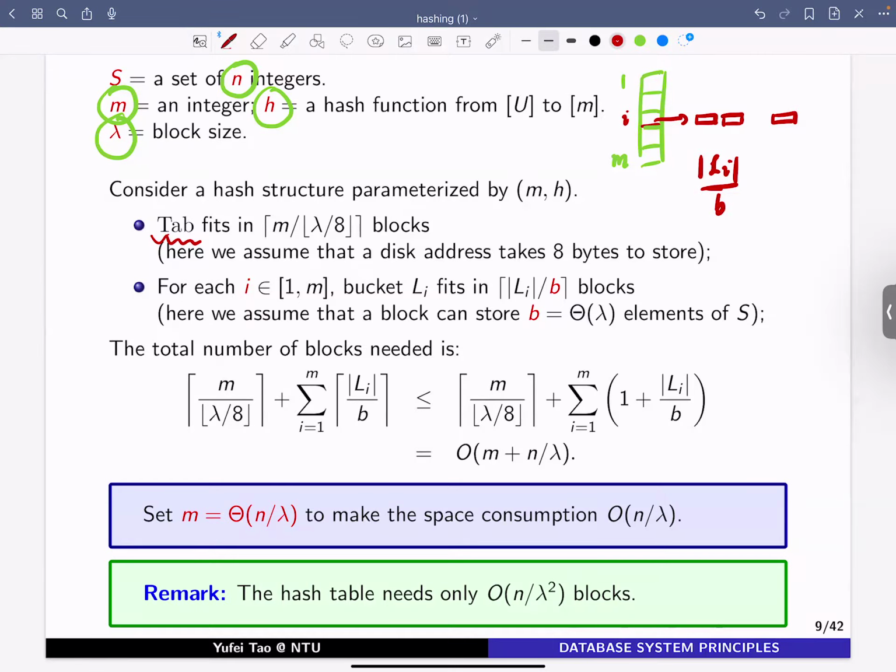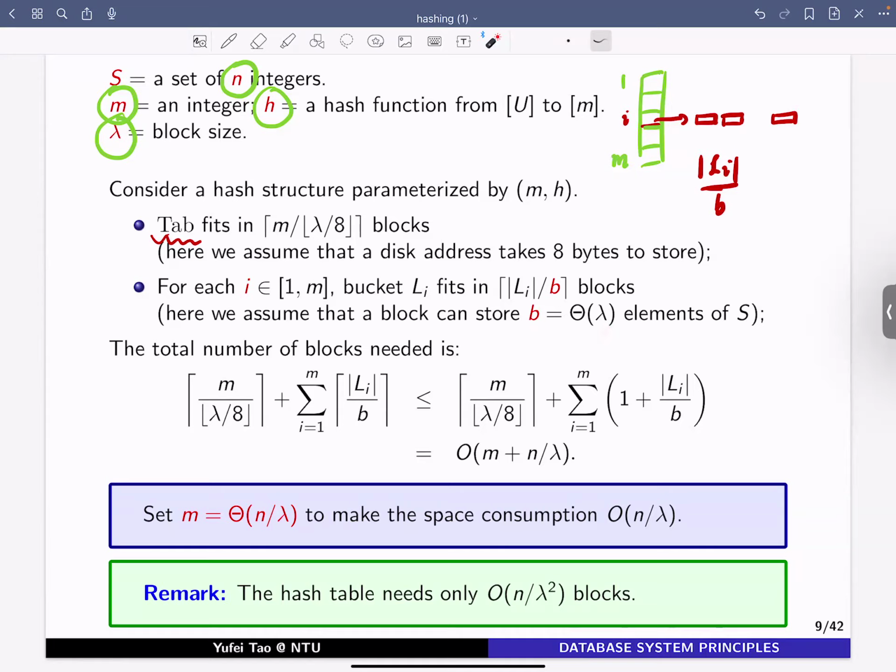So in general, we don't want to emphasize the constant 4, so we simply say B is big theta of lambda, okay? So I don't know how good you are with the asymptotic analysis, but for here, it suffices to understand that this B and lambda, they are within a constant factor of each other. And the constant factor, as I said, is 4. Okay, so next time you look at B, you can just think about lambda.